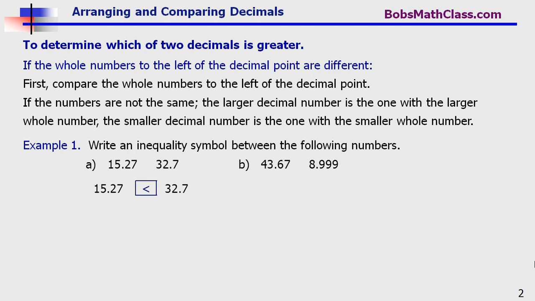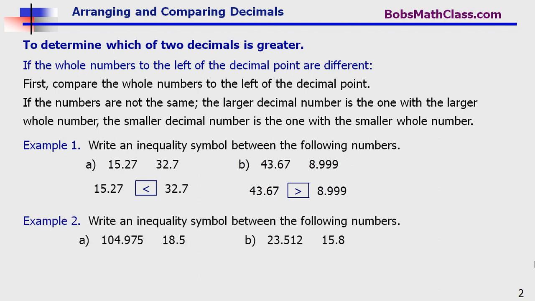Okay, let's do the next one. Which one has a larger whole number? 43 does, right? 43 is greater than 8, so it's going to open up to the number on the left. Okay, let's try one more.